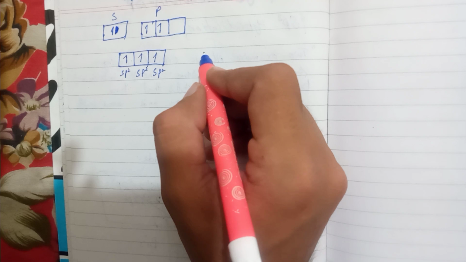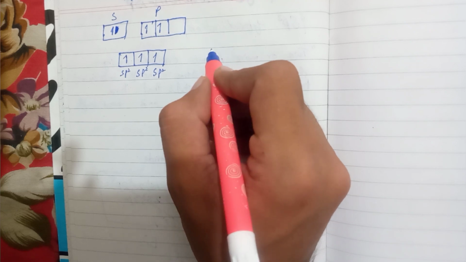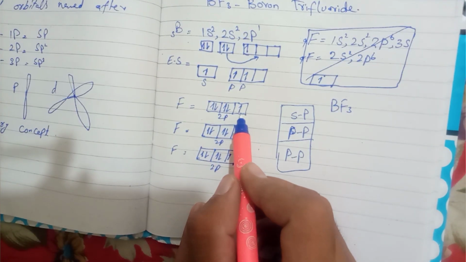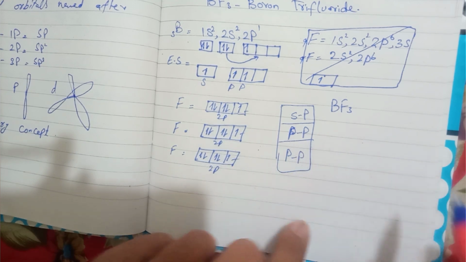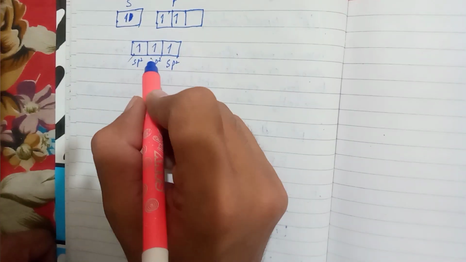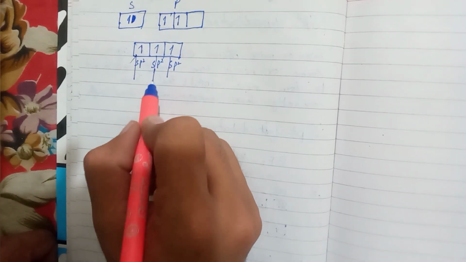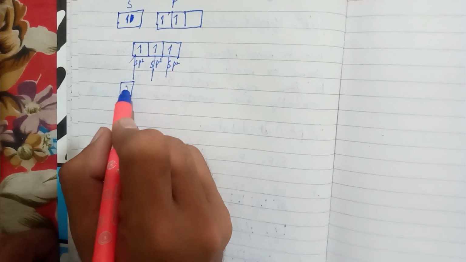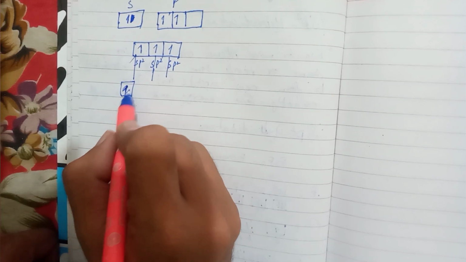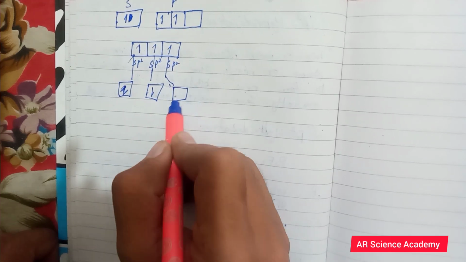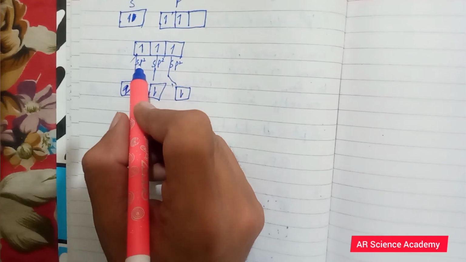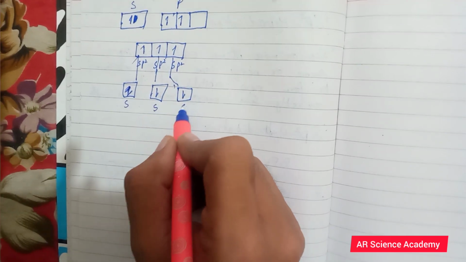Now from the 3 fluorine atoms, each fluorine has an unpaired valence electron. These unpaired valence electrons make a bond with the unpaired electrons of boron, with spin changed. So this is the bond between sp2 and p orbitals, three times.